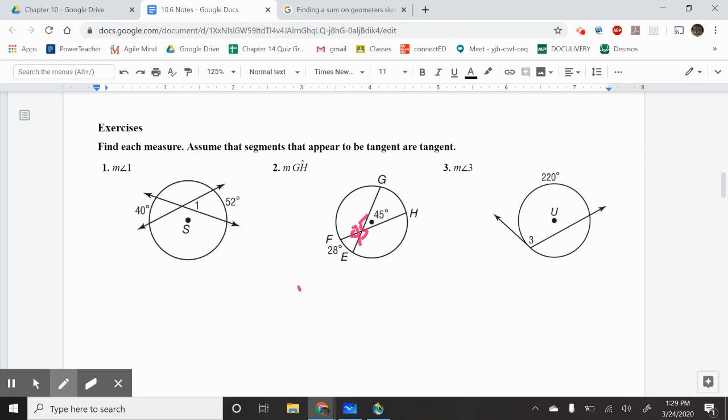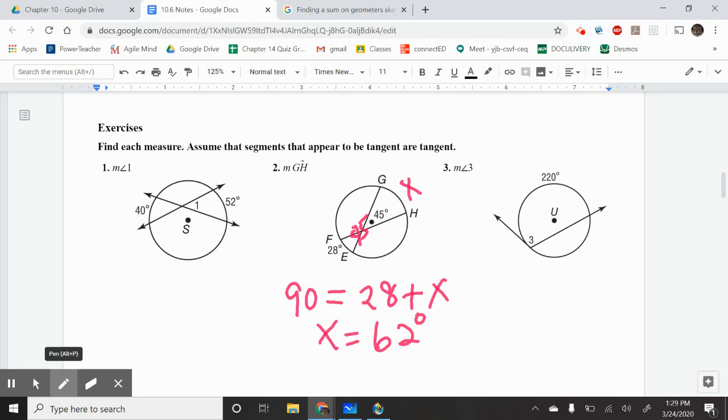So 45 and 45 is 90. And 90 is equal to 28 plus x. Subtract 28 from each side, x is equal to 62.